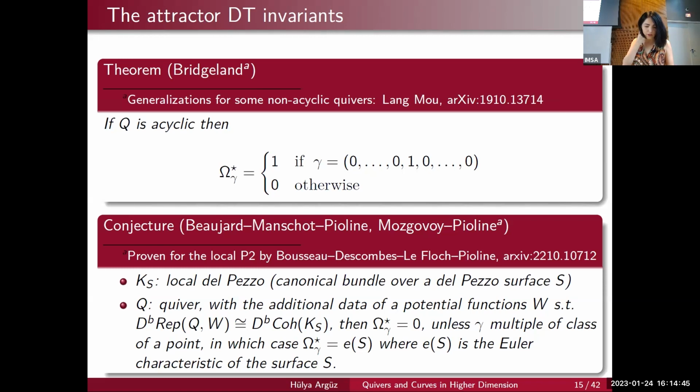They will also be non-zero, again, as in the first situation, if gamma is a basis vector; they will again be 1. So this conjecture was proven by Pierrick Bousseau, Pierre Descombes, Bruno Le Floch, and Boris Pioline for the situation when S is P2 in their recent work.